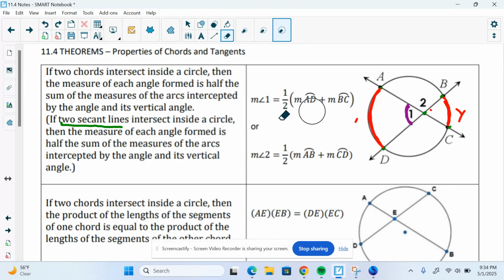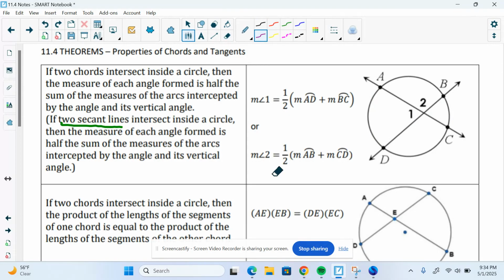We can do a similar thing for angle 2. So look at what this one says. Angle 2 is right here. If I take the measure of arc AB, add the measure of arc CD, here it is, and I divide by 2. Remember, multiplying by a half is the same as dividing by 2.